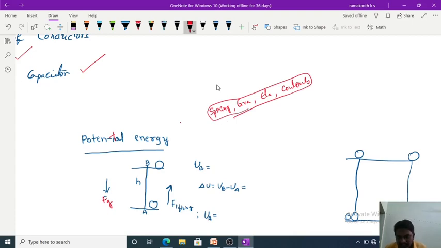Look at this example. Here I took an example where a ball is lifted to a height h. When the ball is on the ground, its potential energy is 0.